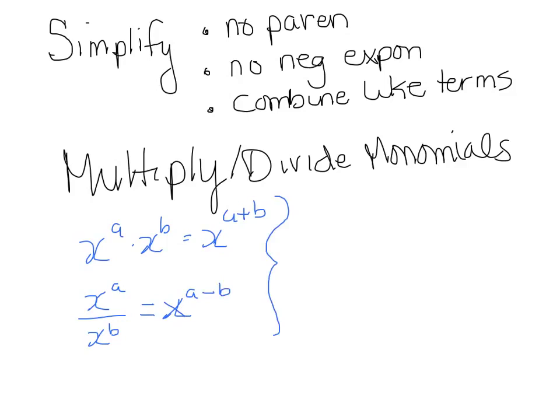Now, let me go back to this, hold on. This is an equal sign, okay. We can always write x to the a minus b as x to the a plus a negative b. Okay, those rules we have. And so this could be x to the a times x to the minus b.